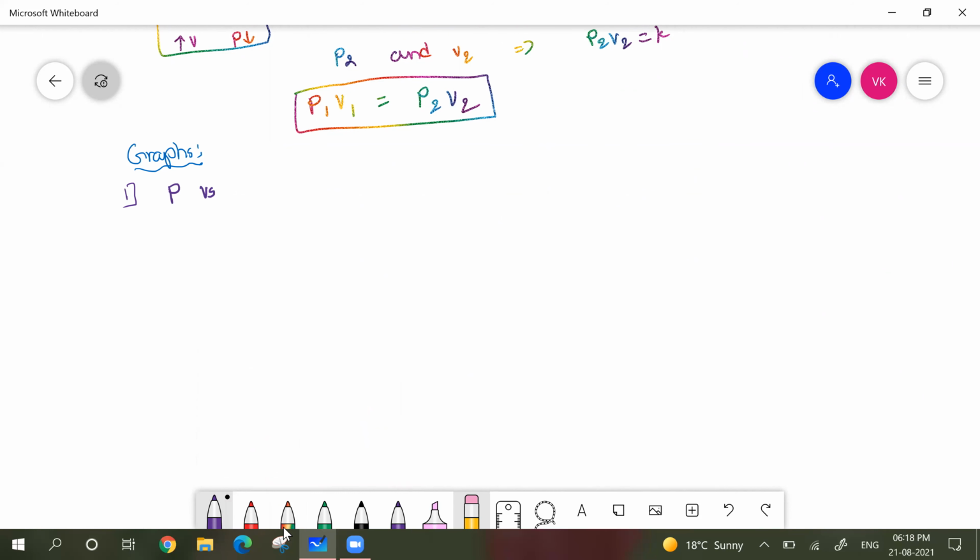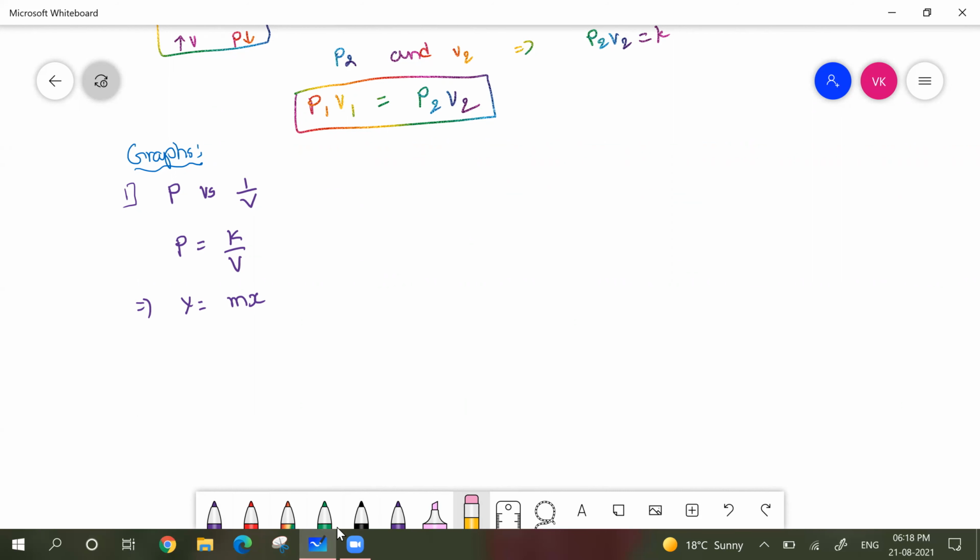P versus 1 over V, students. What is the relation here? We got a relation where P is equal to K by V. So it looks like y is equal to mx, where the constant c is equal to 0.